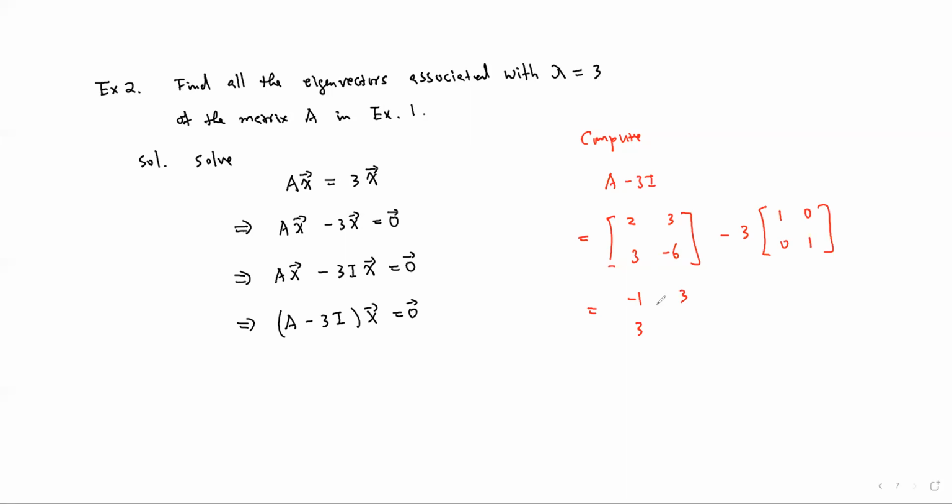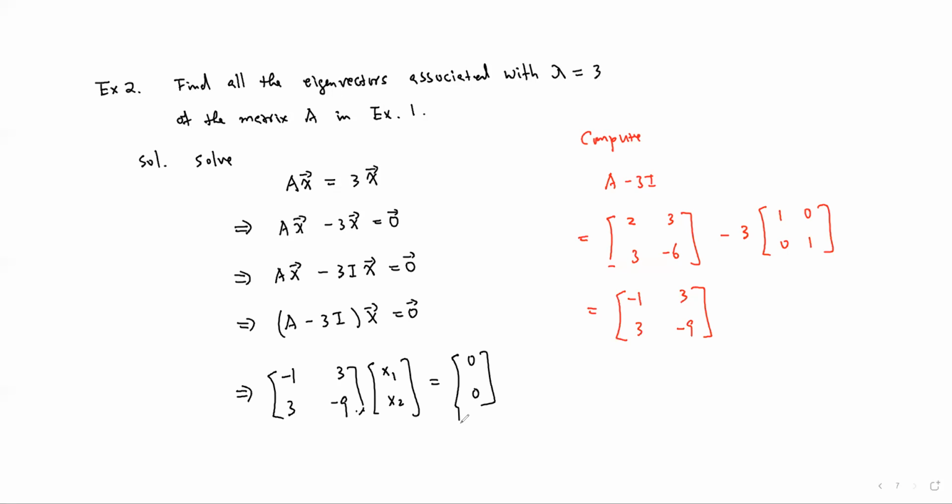And also number 3, negative 6 minus 3 times 1, negative 9. This is the coefficient matrix. So this linear system is -1, 3, 3, -9, and then the unknown is x1, x2. The right side is 0, 0.